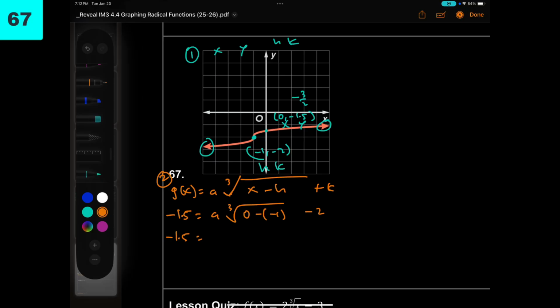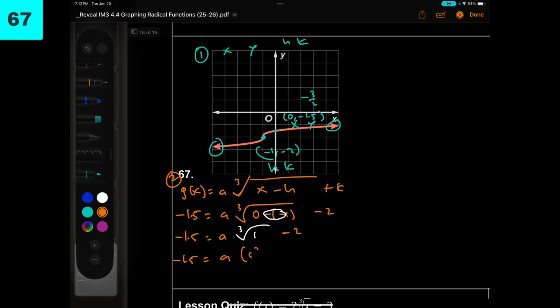So -1.5. This will become a plus. So -1.5a, this will become 1. So -1.5a minus 2. If I add 2, you're going to get something like a equals 0.5 or 1/2.